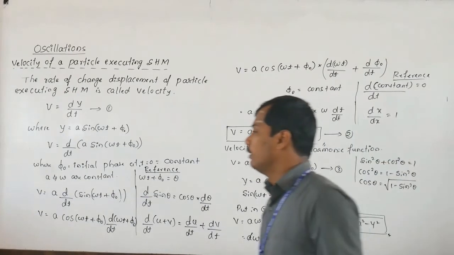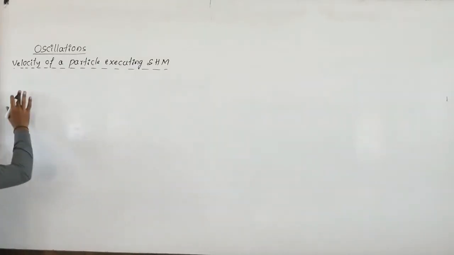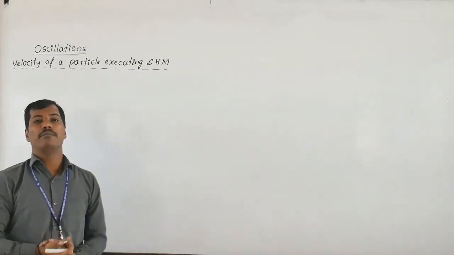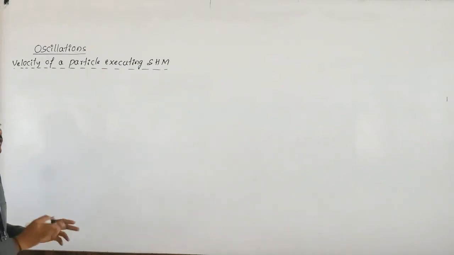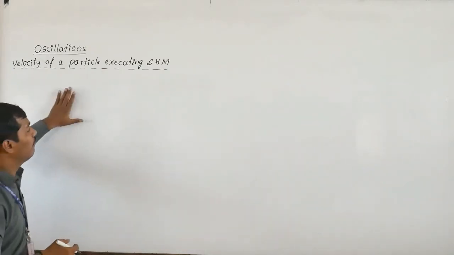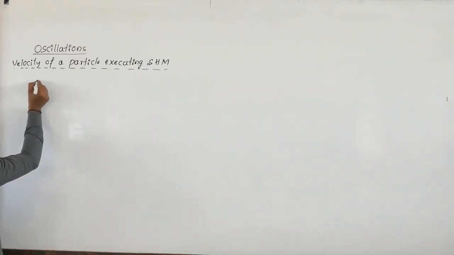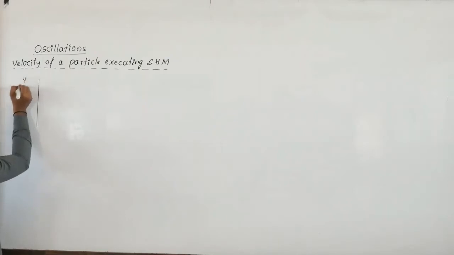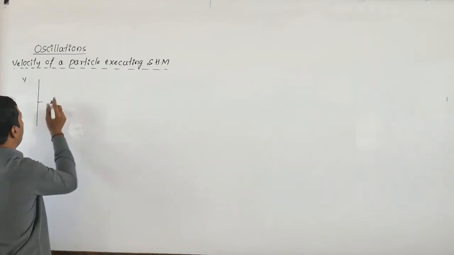After that, we'll write the conditions for the maximum and minimum velocity, and the conditions for the maximum and minimum displacement. I will write the oscillation diagram here. If there is the displacement of the body, consider this is the displacement. It is a displacement and time graph, a graphical representation of that.